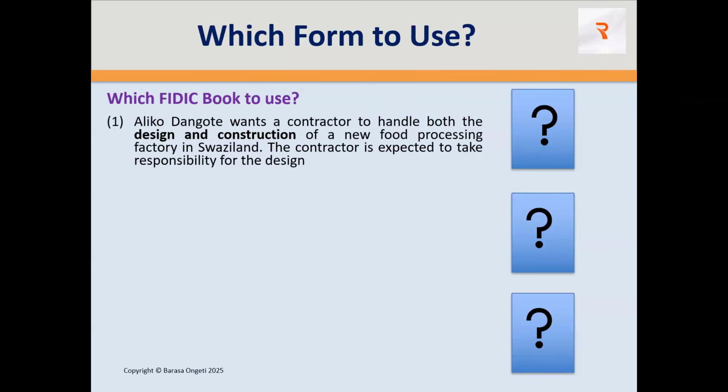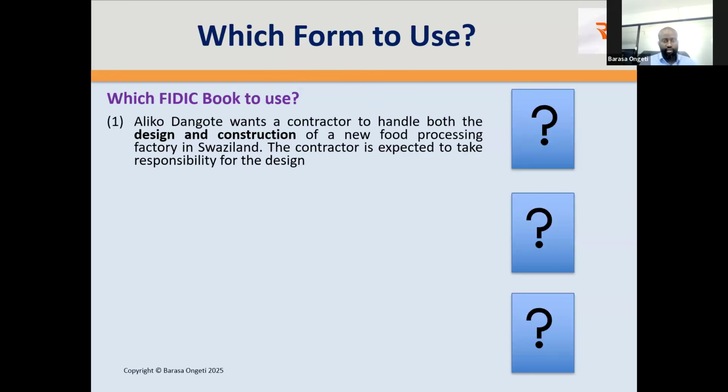Hello, sorry. I think I meant to say yellow book, not silver book. And why I'm choosing it is because the contractor is doing the design. In this case, it is yellow book, not silver book. I made a mistake to say silver book.